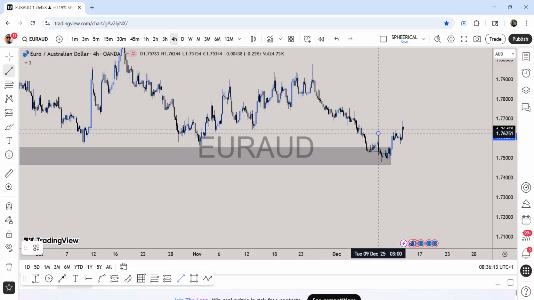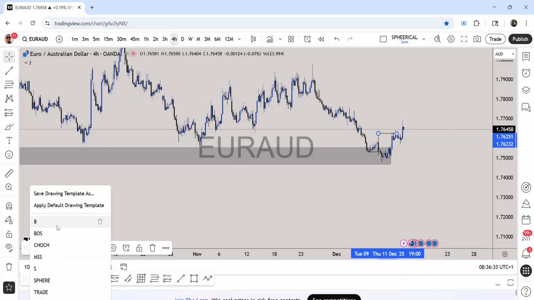This is the previous high, and you can see that the market has already broken it, showing that the market has reversed. This is the change of character.